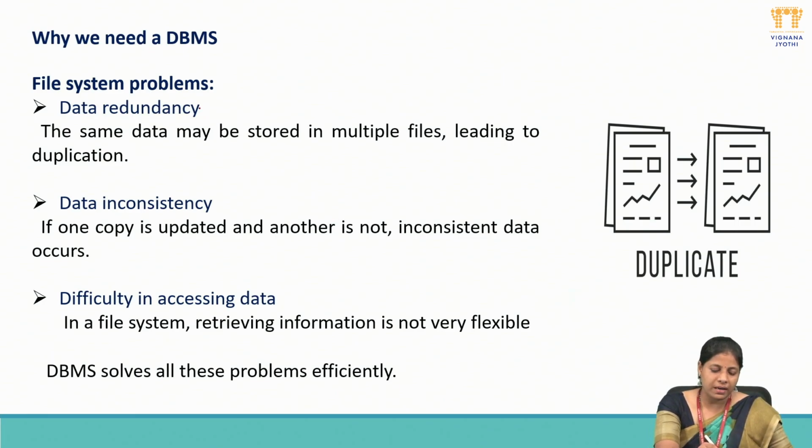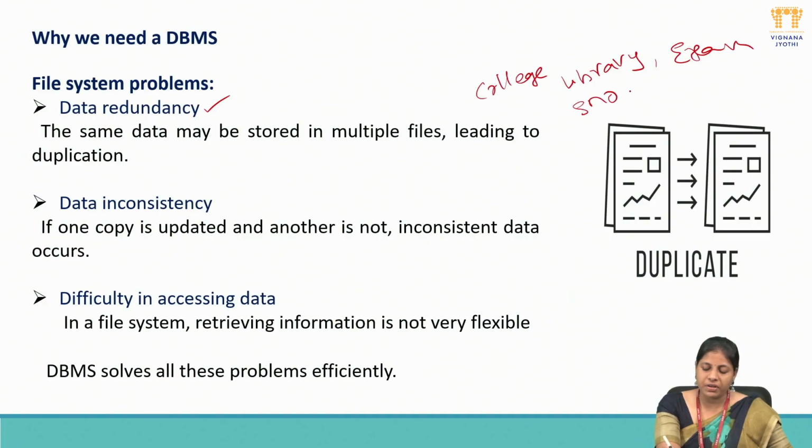What is meant by data redundancy? The same data may be stored in multiple files. Let us consider a college that stores the data in different files like library and exam. In library files, we are maintaining student information like student number, student name and contact information.